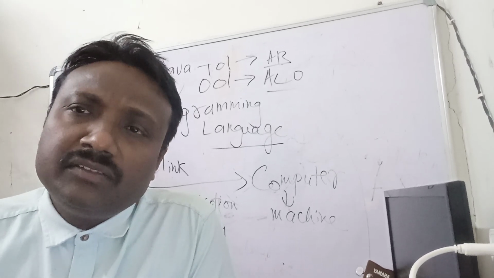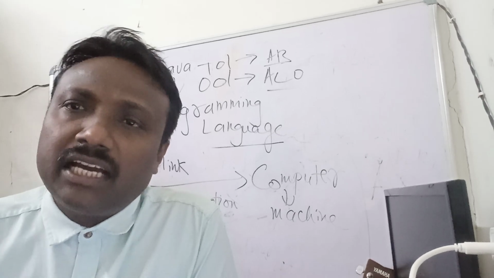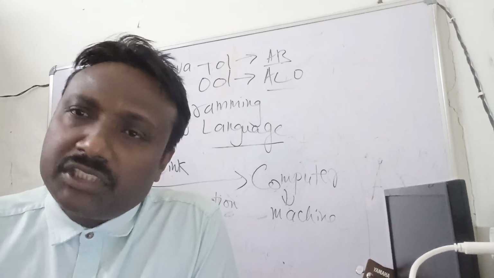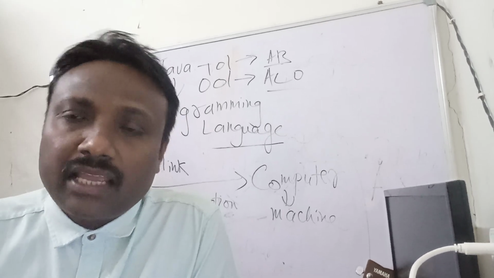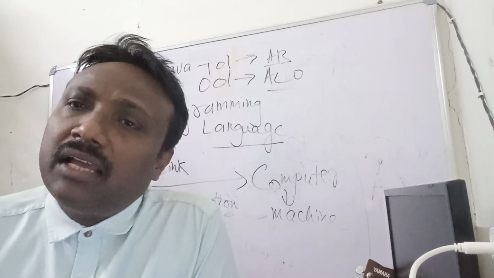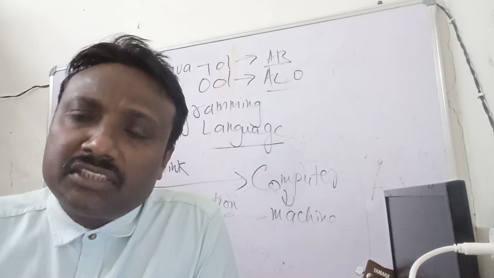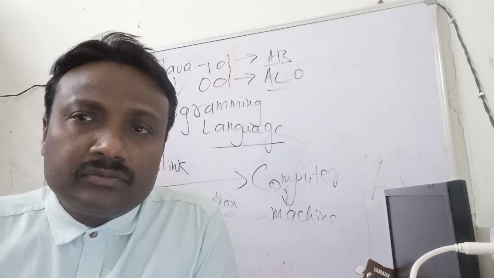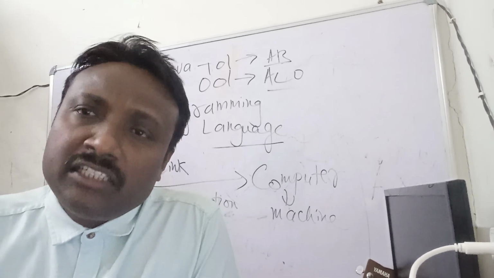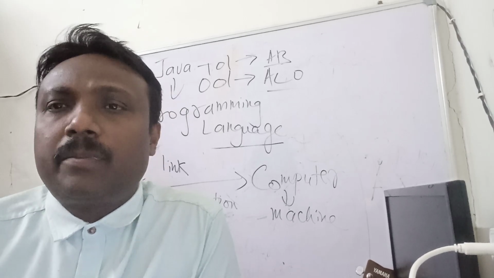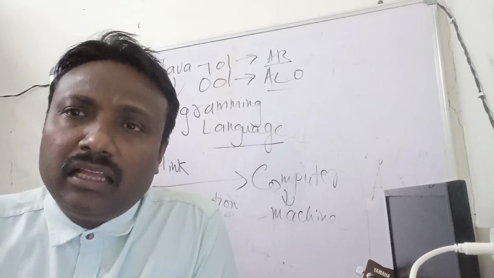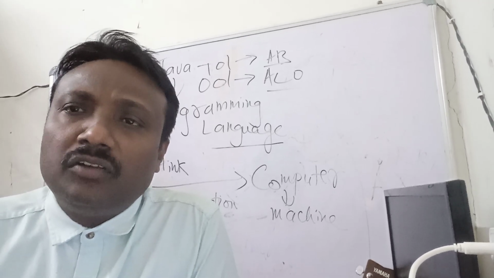Basically, computer languages are divided into two parts: low level language and high level language. Low level language covers machine language, or binary language, and assembly language. Now, the problem with machine or assembly language was that the instructions, symbolic instructions plus a series of patterns of digits, were machine dependent. Suppose I am using an HP computer or an IBM computer; both have different configurations.